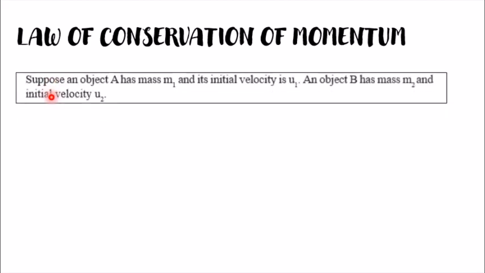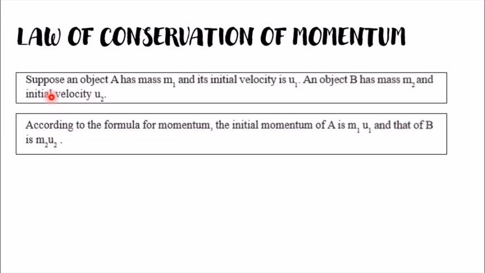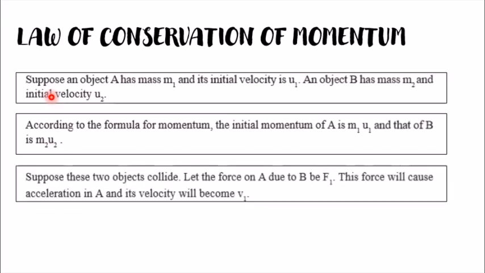Suppose we have two objects, object A and object B. Let the mass of object A and object B be m1 and m2 respectively. The initial velocities be u1 and u2. The final velocities be v1 and v2.